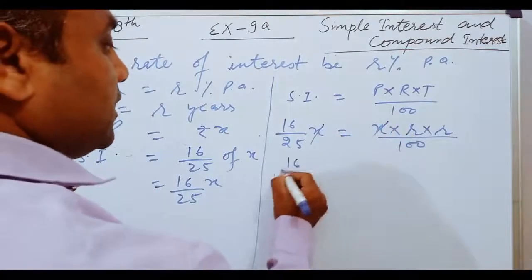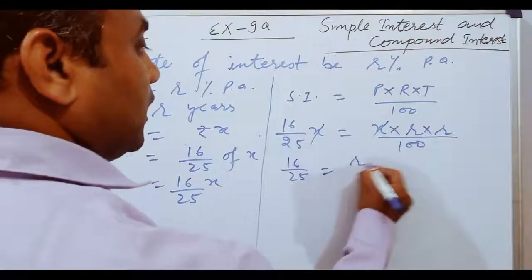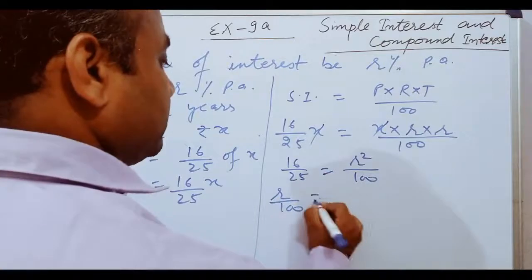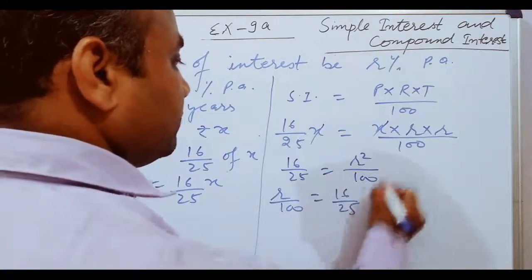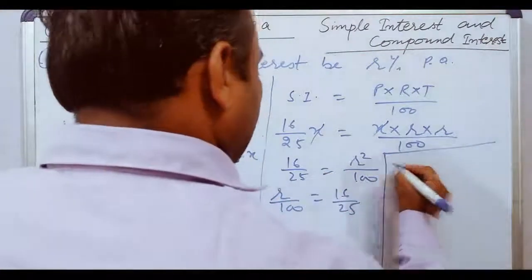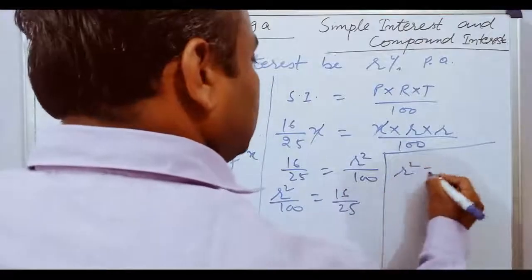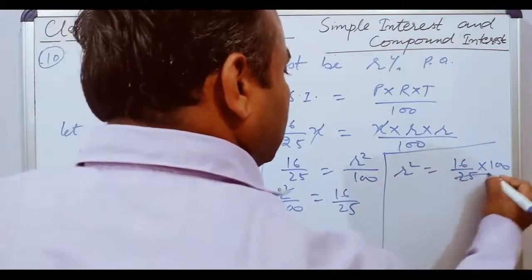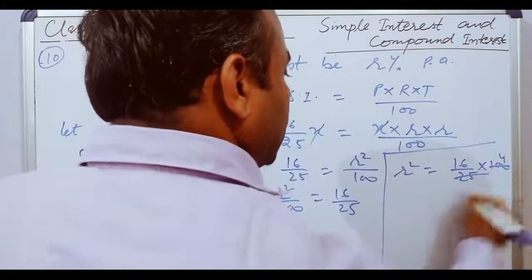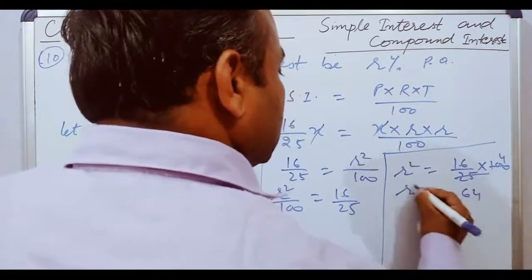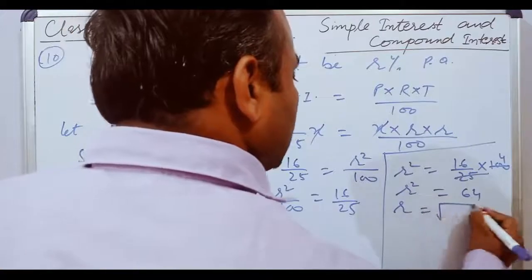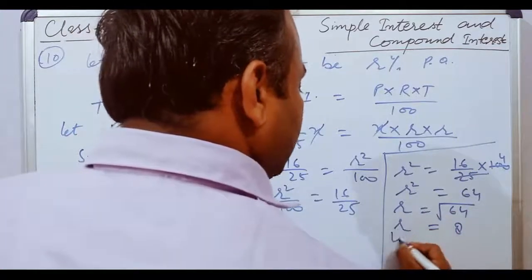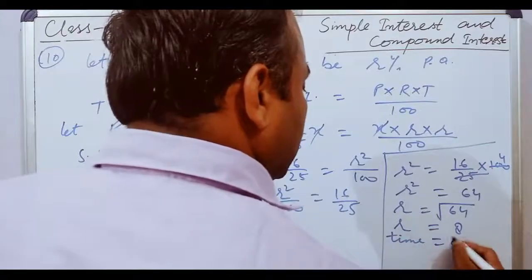Now 16 upon 25 equals r square upon 100. Then r square equals 16 upon 25 into 100. 25 4s are 100, it is 64. r square is 64, r equals square root of 64, which is 8. Time equals 8 years.